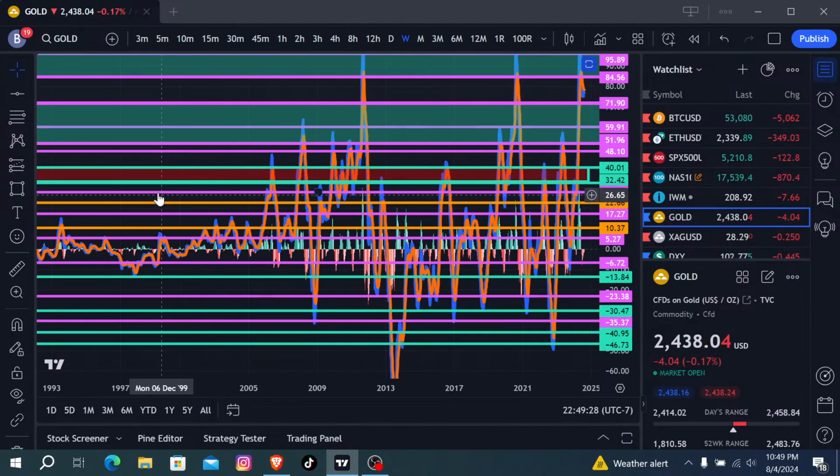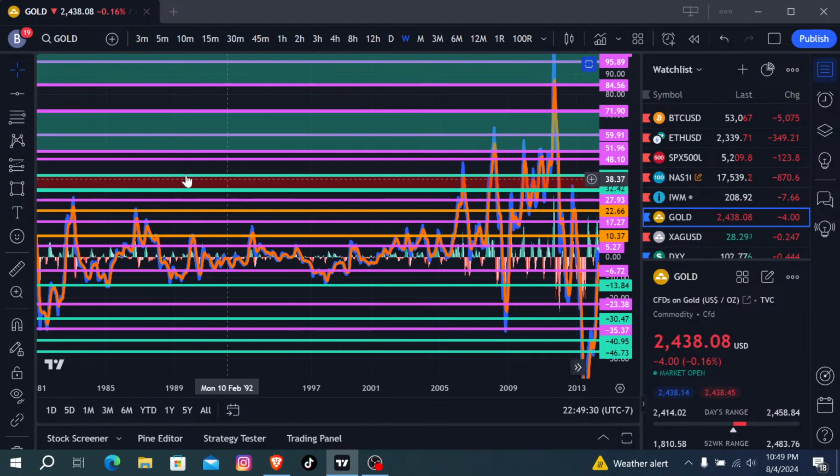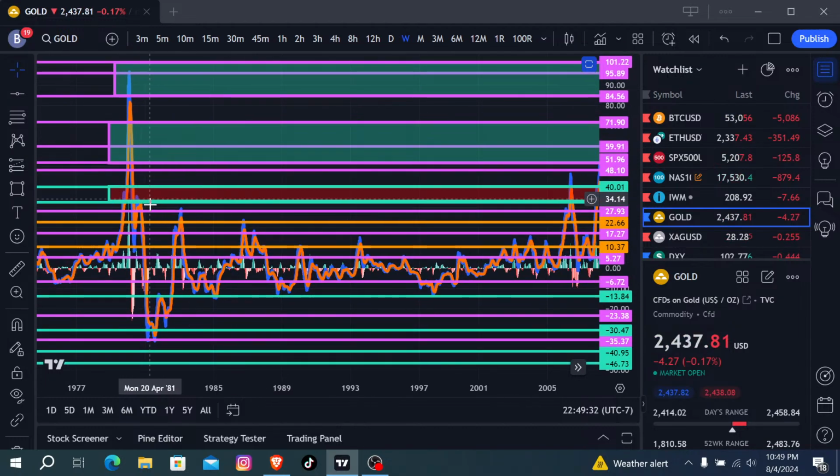Notice how every time we were starting to pick up, we will get to this area right here. See, look.